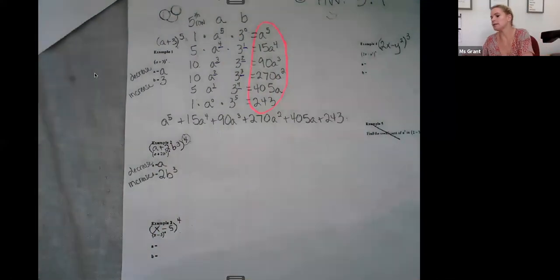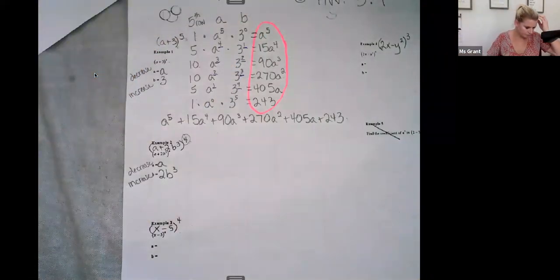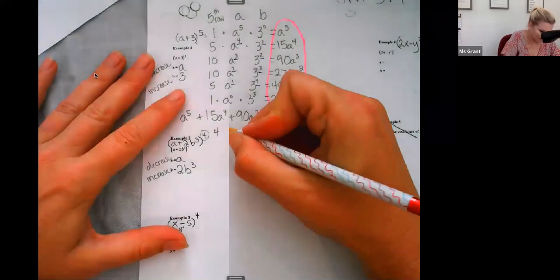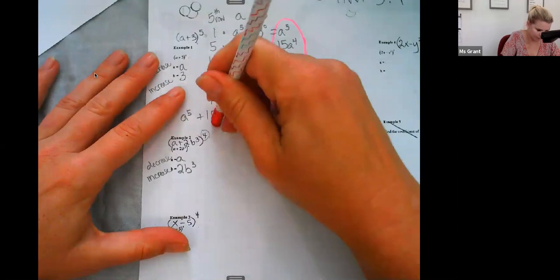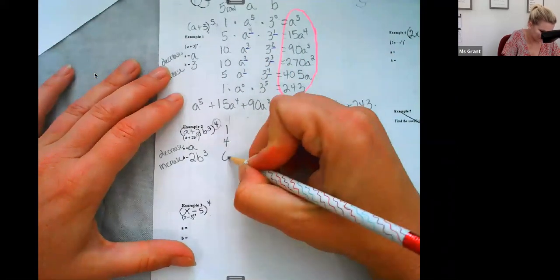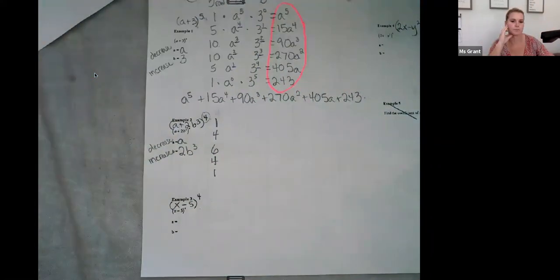Okay, so I'm doing the fourth now. The 4 is 1, 4, 6, 4, 1. I guess I won't write fourth row if you guys don't like that. 1, 4, 6, 4, 1. Right? Okay.